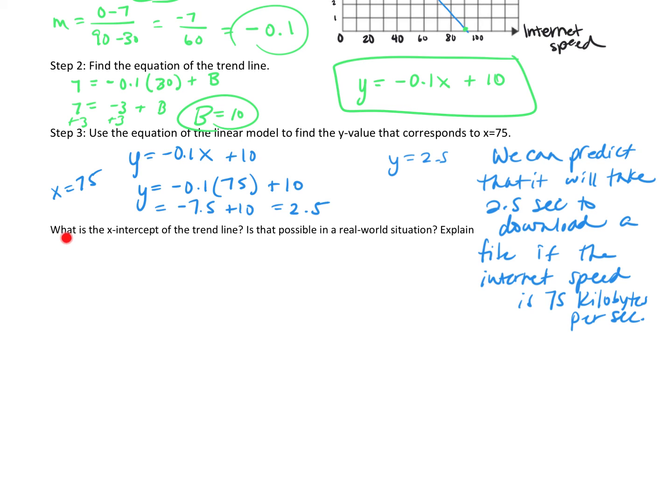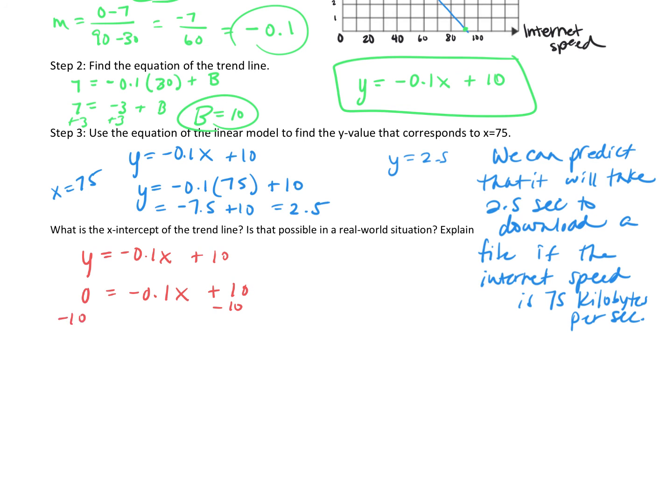All right, last question. What is the x-intercept of the trend line? Well, an x-intercept is when you plug in a 0 for the y, so we can take our equation, y equals negative 0.1x plus 10. Let's plug in a 0 for the y. So if you want an x-intercept, keep the x, plug in a 0 for the other value, and let's solve for x.